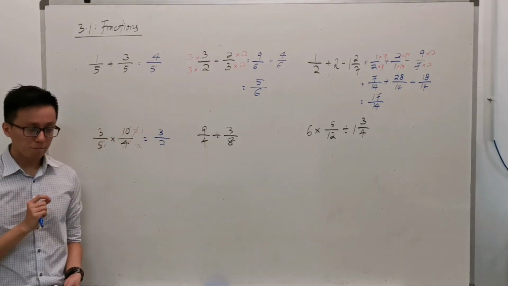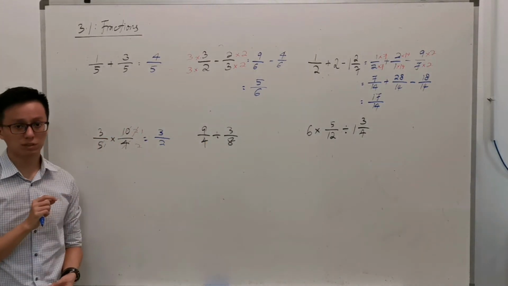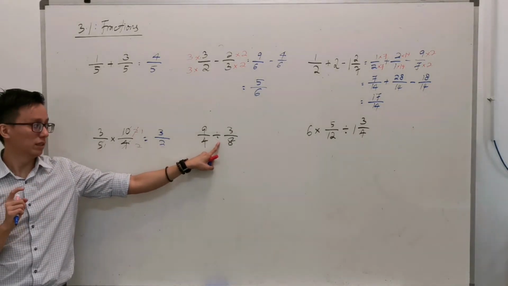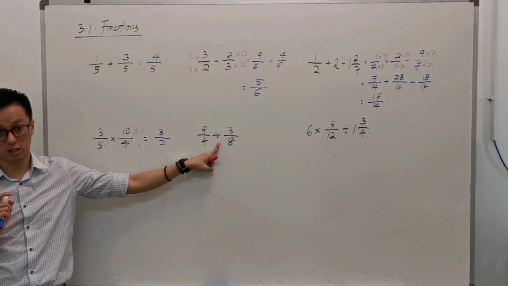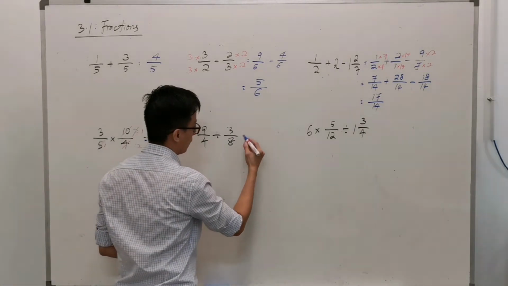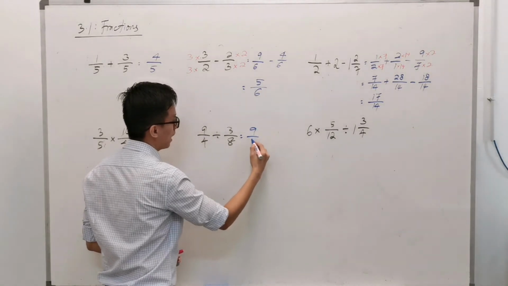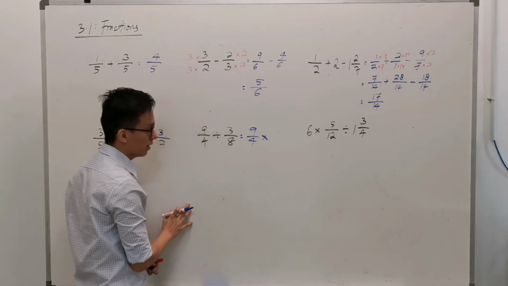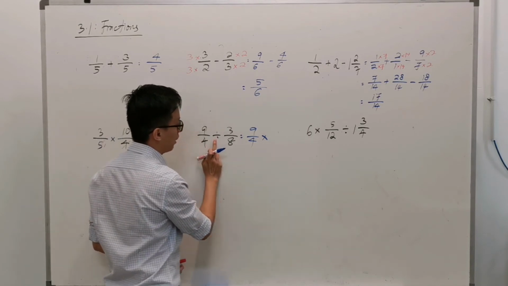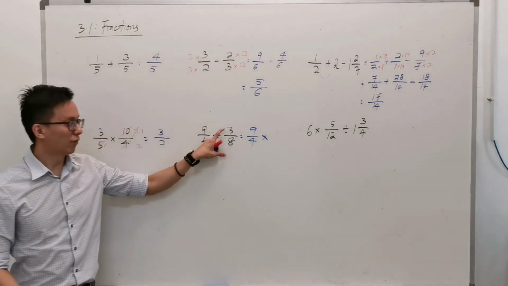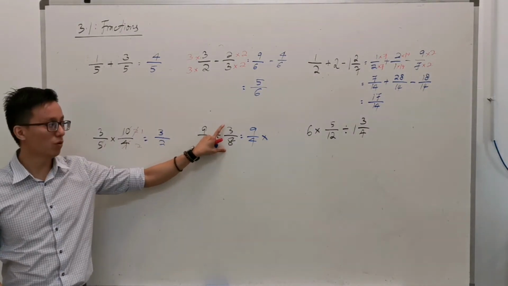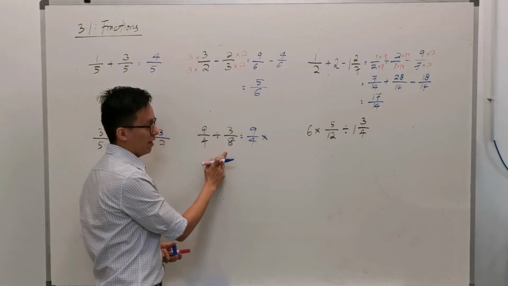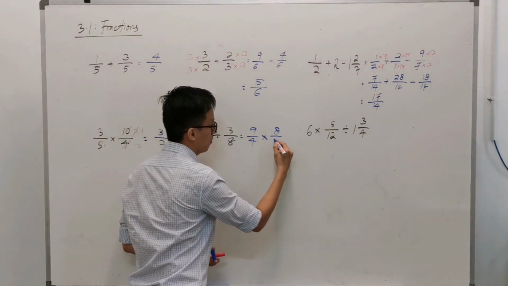For division, before we start to do the simplification, the first step is we have to change the symbol of division to multiplication. So what I have is 9 over 4. For this symbol, I change to multiplication. When I change the symbol of division to multiplication, the fraction behind the symbol will turn upside down, which means 3 over 8 will become 8 over 3.